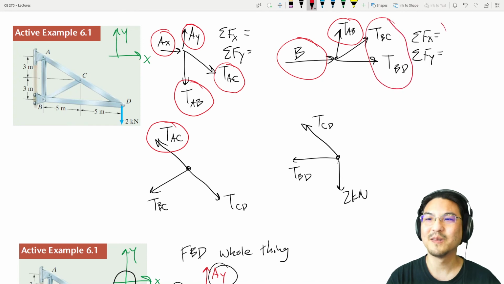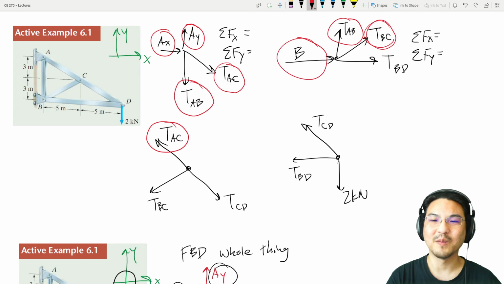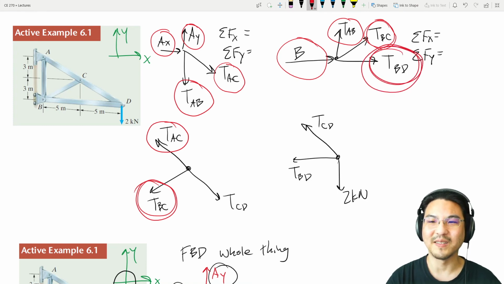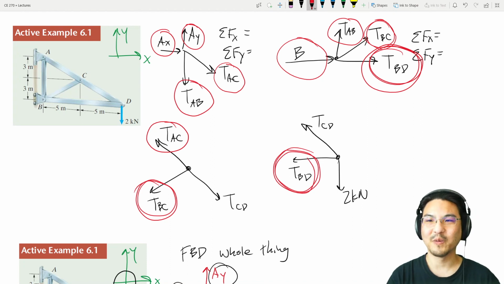2 unknowns, 2 equations, solve it. See right here, BC is the same as this one right here, BC. See up here, BD is the same as right here, BD. So now where do you want to go next?